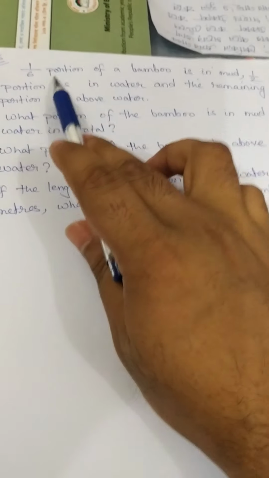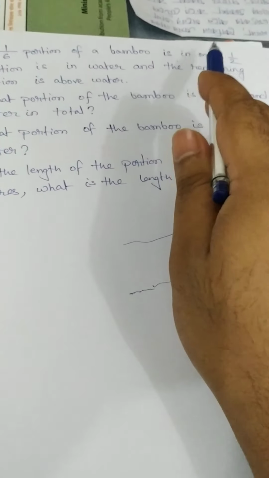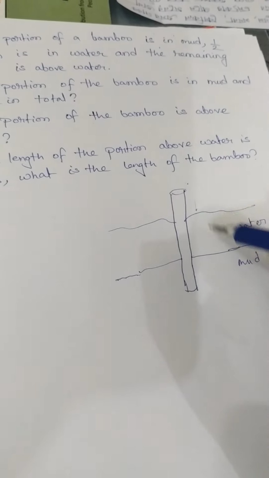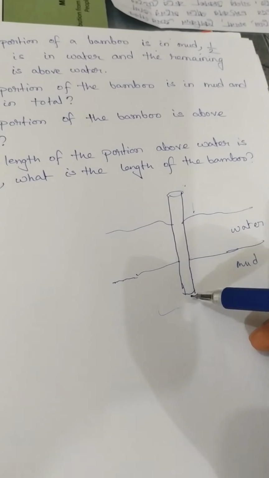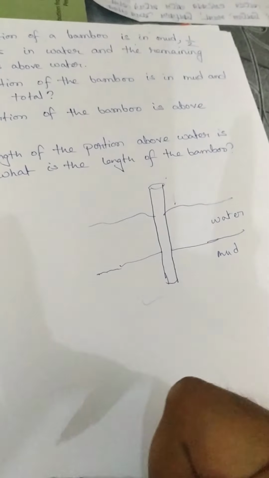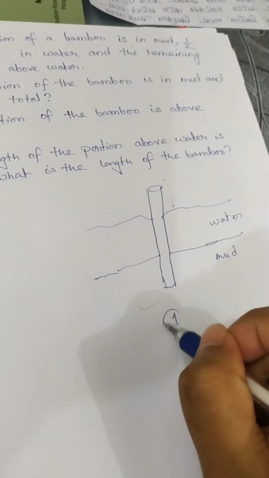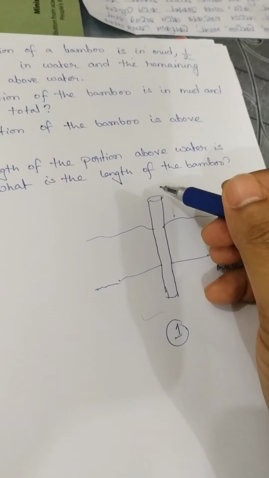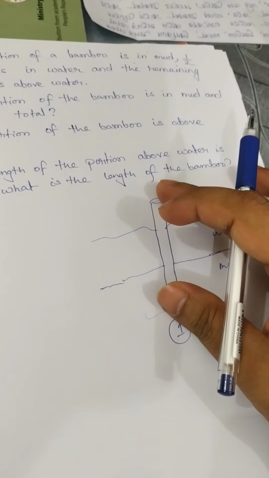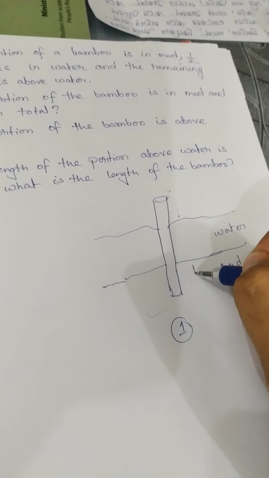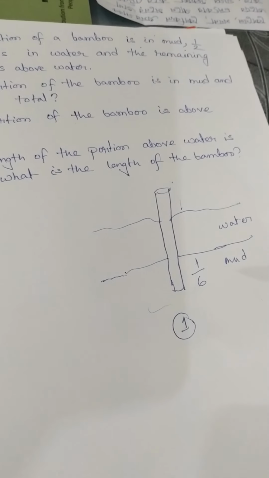Now 1/6 portion of a bamboo is in mud. This is the whole portion, right? We know that the whole portion is always considered as 1. The whole portion is one whole bamboo. So out of this one whole bamboo, 1/6 portion is in mud.